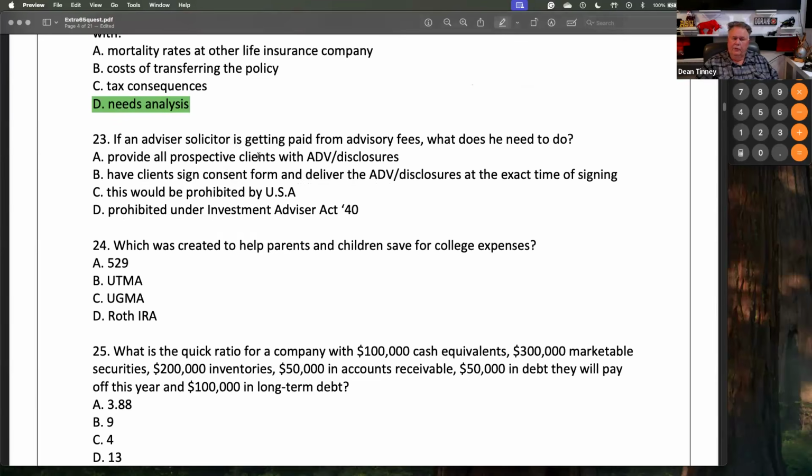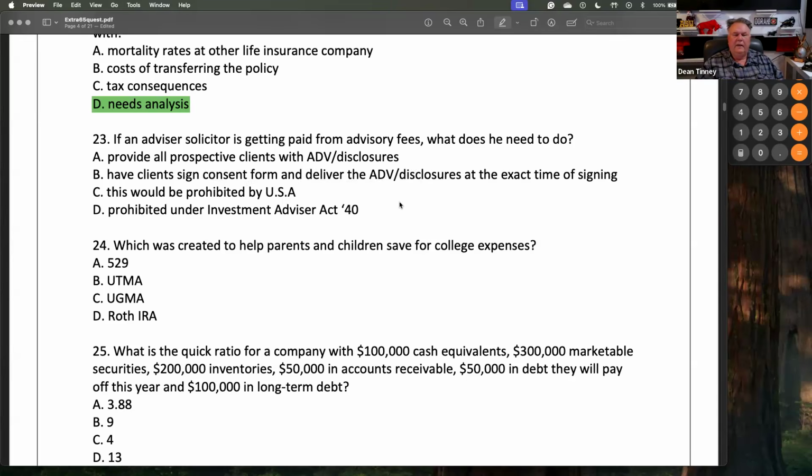If an advisor, solicitor, promoter, placement agent, whatever you want to call this person, third party, is getting paid from advisory fees, what does he need to do?